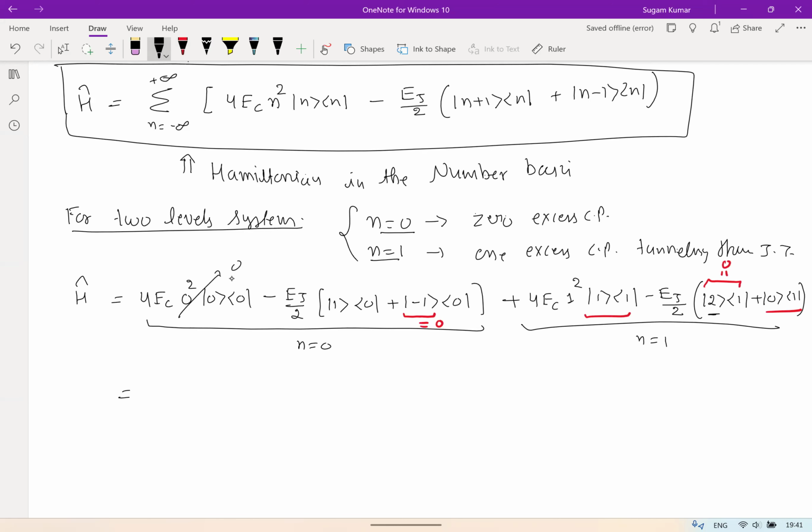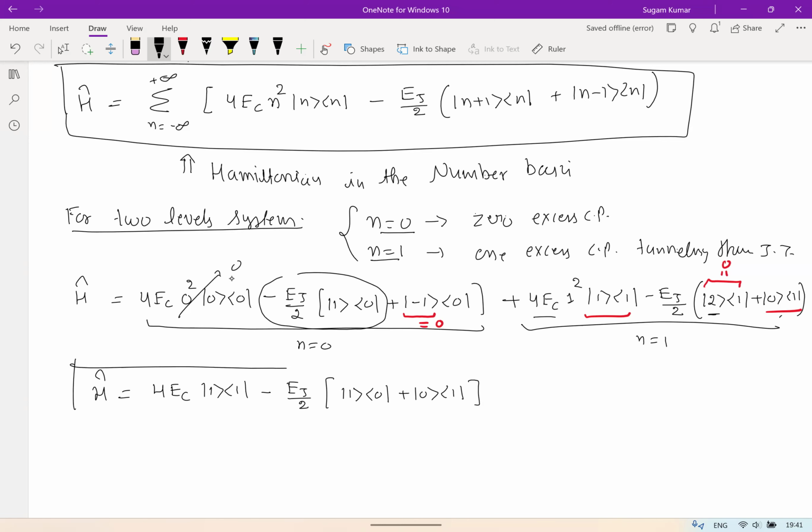This part has already gone to 0. So this becomes 4 times EC |1><1|, and minus, look at here, one term from this side and one term from this side. I will take EJ by 2 common, and it is going to become |1><0| plus |0><1|. So for a 2-level system, this is the Hamiltonian you have.